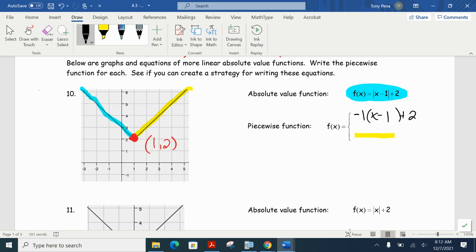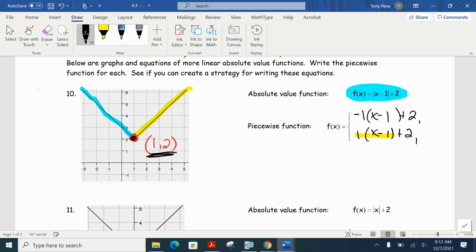When I go to the second one, Jada, what was the slope of the yellow line? Good. That's just a +1. And then we talked yesterday, if I'm using the same exact point, shouldn't the second one look identical to the whole second part of the first one? So this should also be the x minus 1 plus a 2. All right. Then we want to identify our interval.